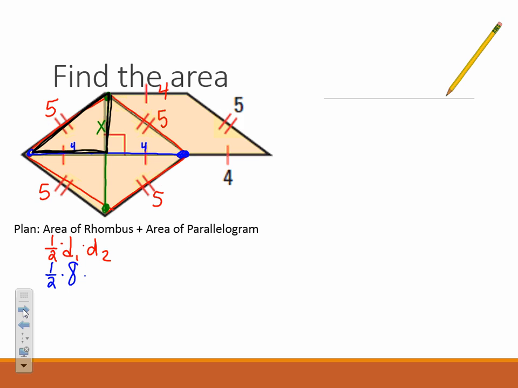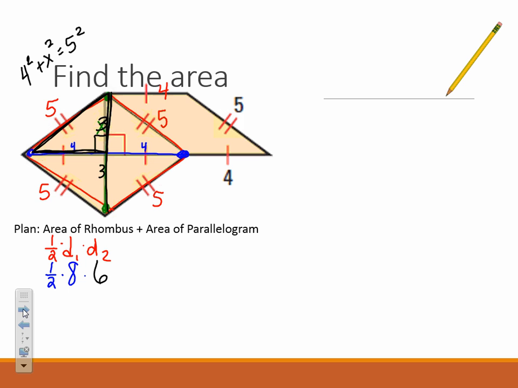You have a right triangle in there, so you need to do 4 squared plus x squared equals 5 squared. And when you solve that, you would get your x to equal 3. So you know that all the way across this diagonal now is 6. See how that Pythagorean theorem becomes very, very useful?